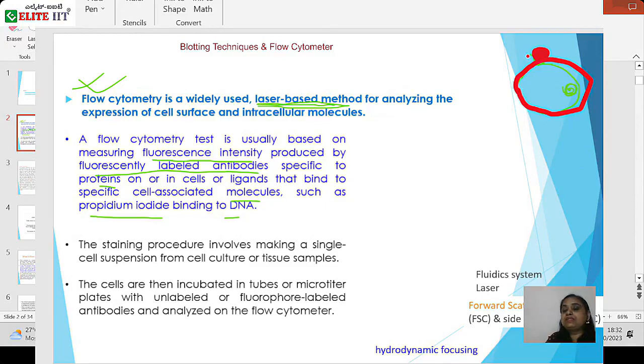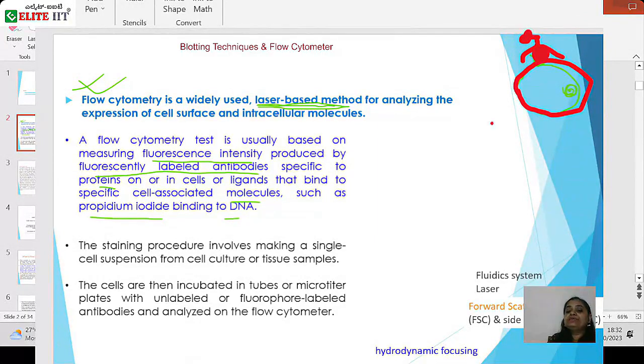If you want to focus on one epitope, you add an antibody against that epitope, and that antibody will be labeled with a fluorescent compound. Now you just detect the level of fluorescent light, how much it is emitting, or how much normal laser light is scattered.